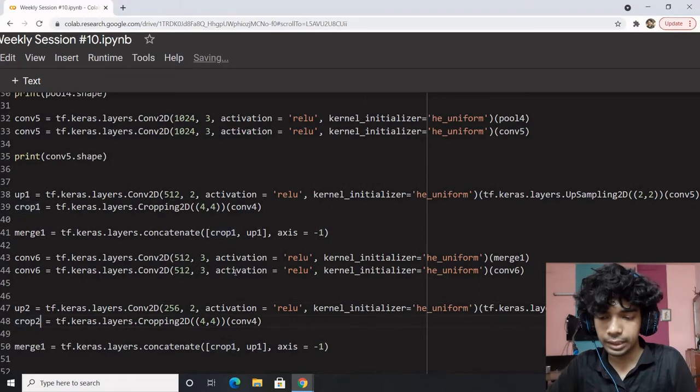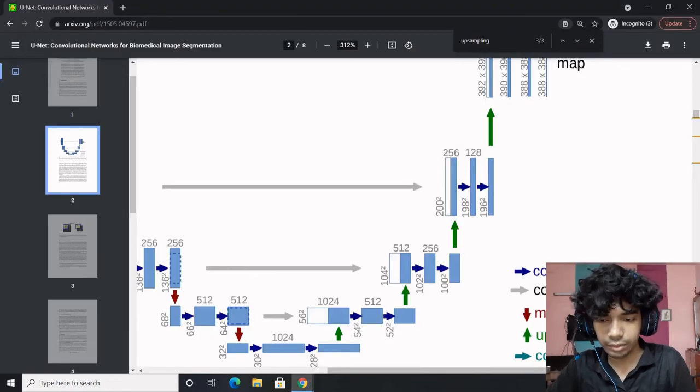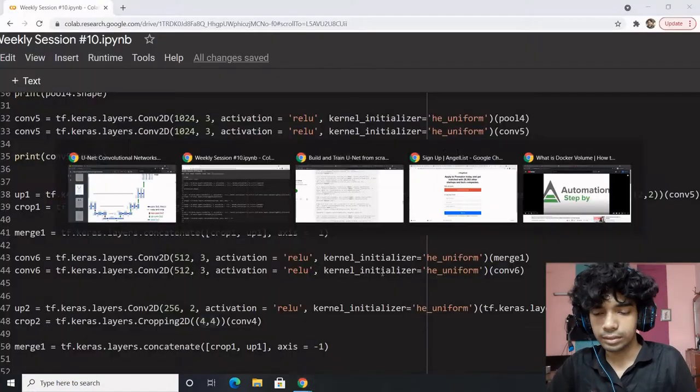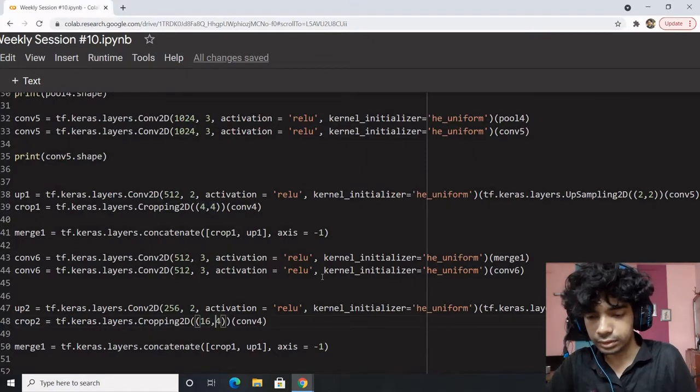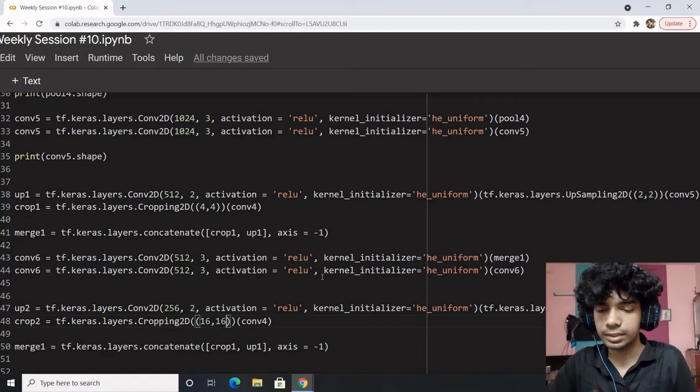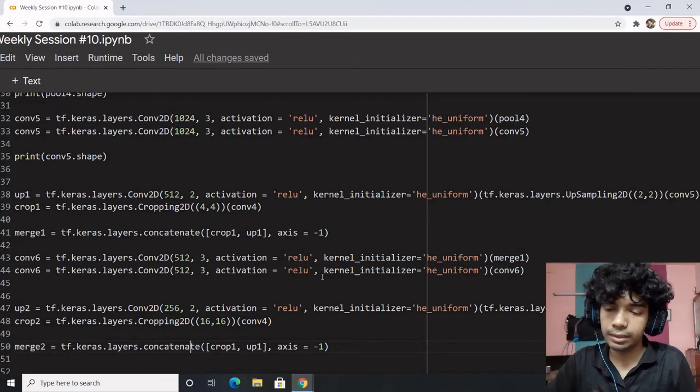Cropping 2 would be happening on convolution 4, wherein convolution 4 was 136, which needs to be changed to 104, which is a difference of 32. 32 by 2 is 16, so it would be 16 cross 16. 16 needs to be trimmed from both the ends. Once it is done, we will obtain our merge 2, which will be the concatenation of crop 2 and up 2.